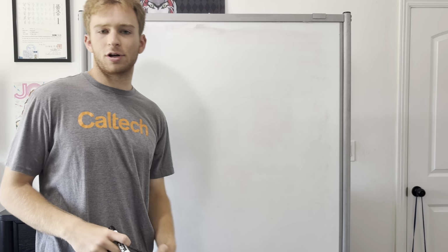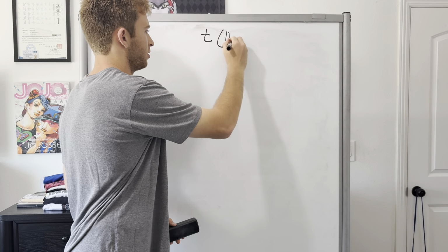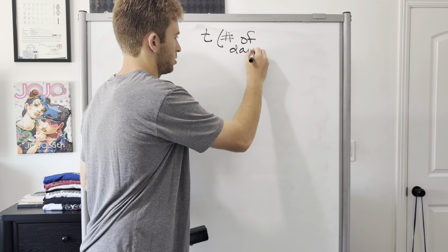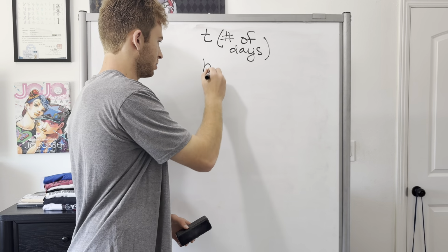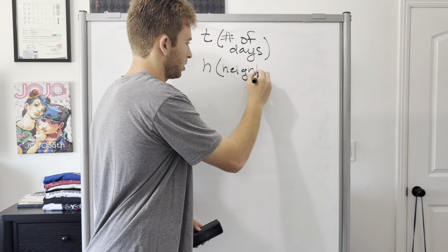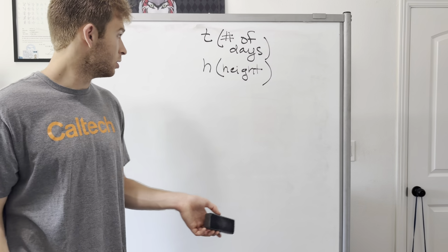I'm going to do 2 variables. I'm going to say t is the number of days, and I'm going to say h is the height. In feet, I'm not going to write feet because it's kind of taken as an assumption.